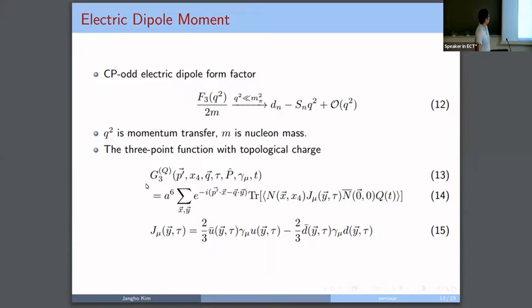Now here G3 is defined. There are 2 nucleon fields, a current insertion and the topological charge with gradient flow. And the current is for the neutron. The charges are not the same.